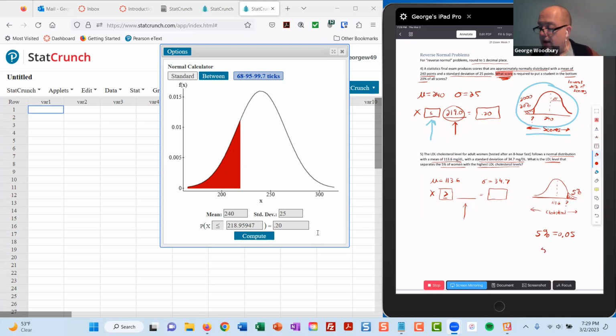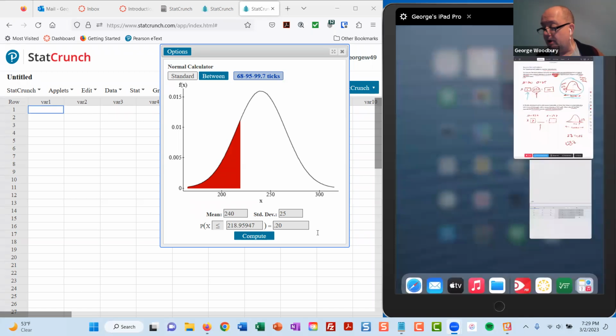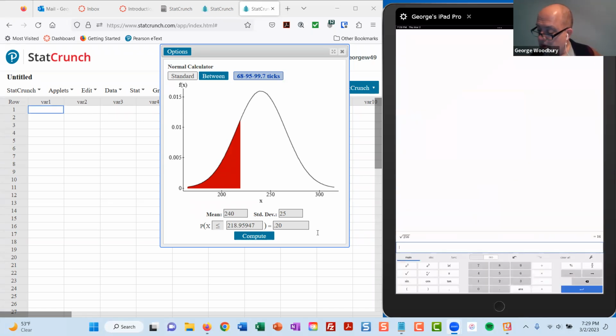Just remember, like we did in those worksheets, you want to move the decimal point 2 places to the left, and that brings the 0 in front of it. If you want to play it safe, you can go to Desmos and divide by 100. 5 divided by 100, 0.05.